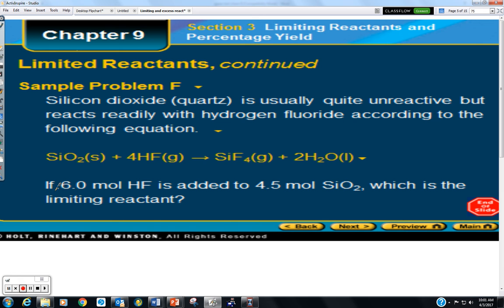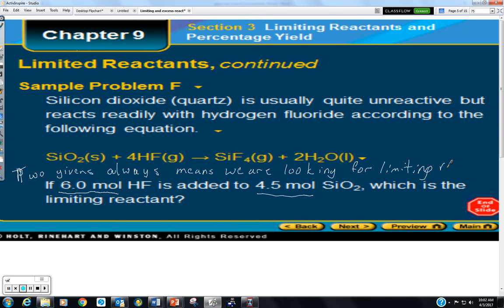Anytime you see a problem that has 2 givens, it always means that we're looking for a limiting reactant.